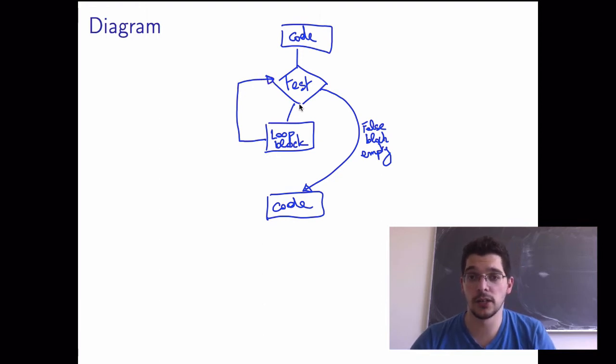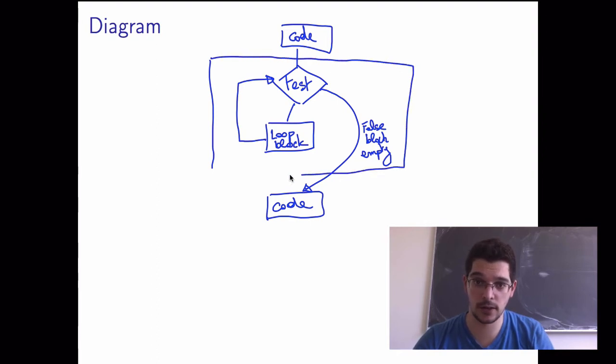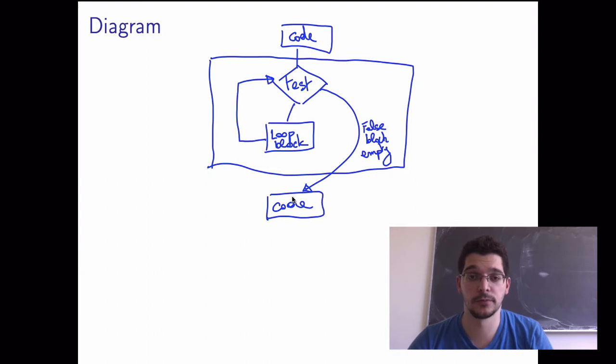So when iterating, you're really performing a test, and if the result is false, you're jumping out of the iteration loop, and if the result is true, you're executing a loop block, but you're not leaving the iteration afterwards, you're just going back to testing again. So this whole thing here is the iteration loop, and this is the previous and post code.